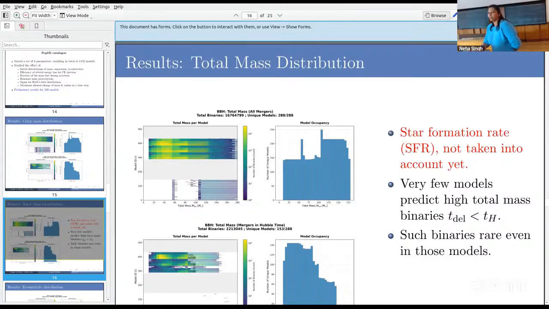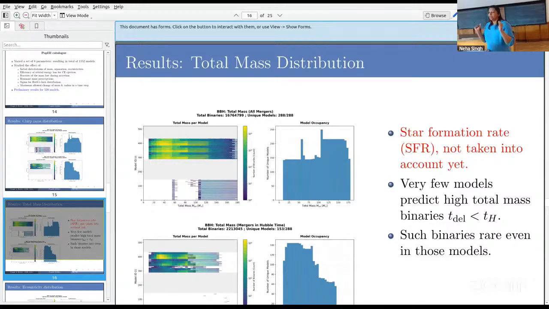But if you apply the cut of how many of these will be able to merge within Hubble time, then we see that there are not so many heavy binaries which are expected to merge. Here they are all gone. These are wide binaries which we will not be able to observe. The other point to remember is, although we generated these 500 models, we have not taken into account the star formation rate yet.